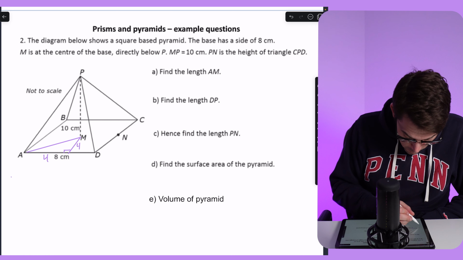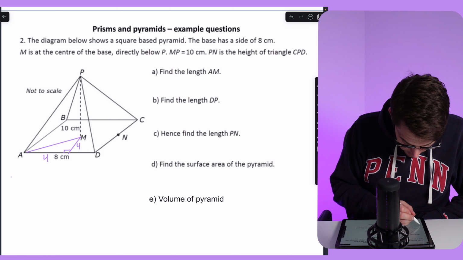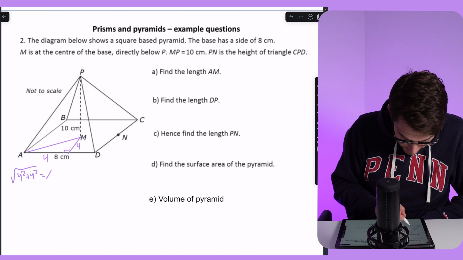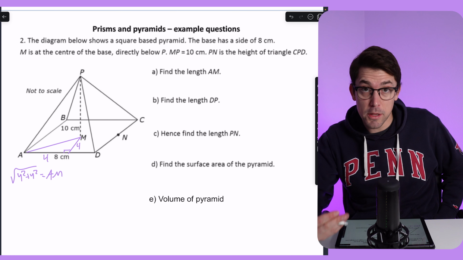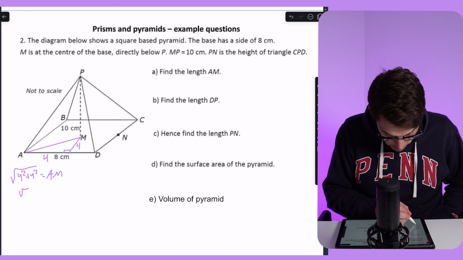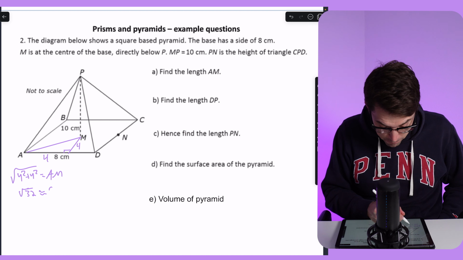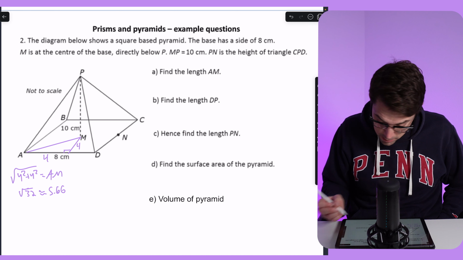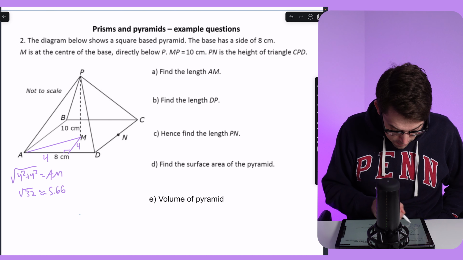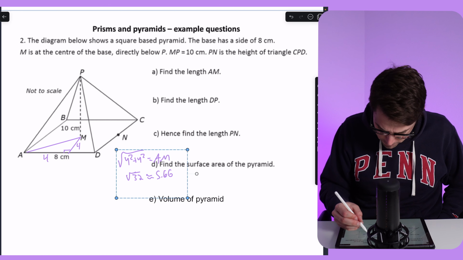So what does that mean? Well, the square root of 4 squared plus 4 squared is going to be equal to AM, just by using the Pythagorean theorem. That's going to give us the root of 32 as an exact answer, which to 3 significant figures is 5.66. So I'm actually going to go ahead and move this problem up here.